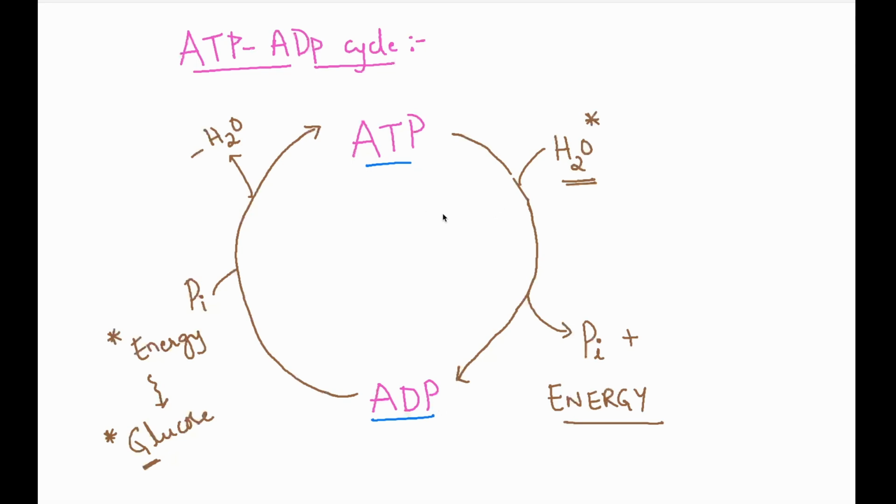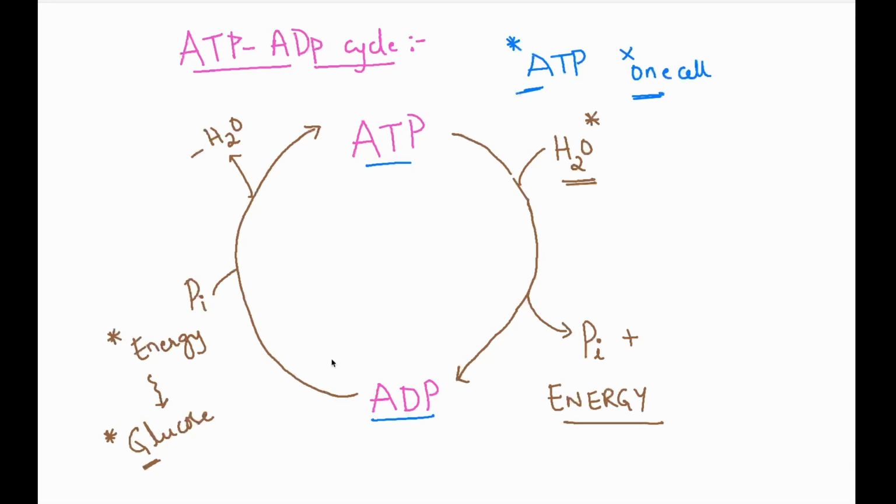Now, all the cells in the human body need to produce their own ATP. So, all the cells that are there in literally all the tissues of the human body have to produce their own ATP, and it cannot be transported from one cell to the other. So, ATP cannot be transported, and whatever the cells are producing, it will be for their own purpose. Okay.